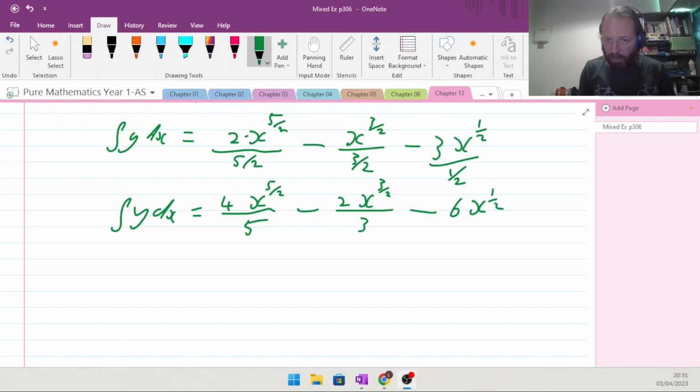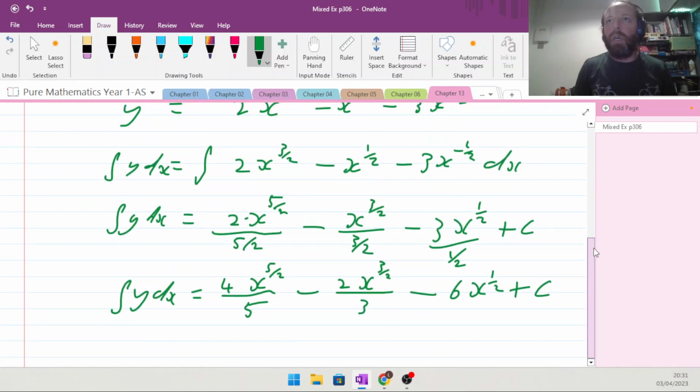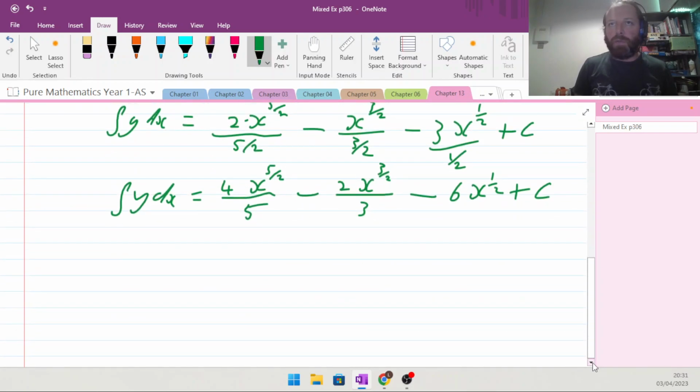Okay, and then with that a plus c, because it's not a defined integral. Should have had a plus c on that one as well, actually. Okay, so that's question 4 out of the way.